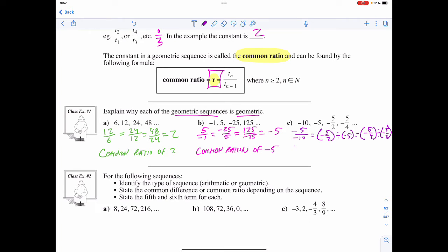If I put any of these in my calculator, it's always going to give me 1/2. So I have a common ratio of 1/2. Multiplying by 1/2 is the same as saying that to get from one term to the next, I'm dividing by 2. But we always think of it in terms of what we're multiplying by. So if I am dividing, I'm just multiplying by a fraction.